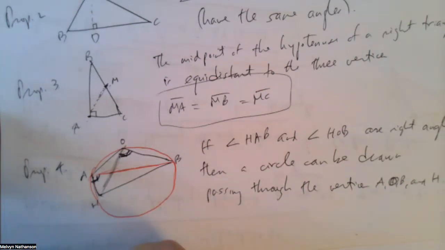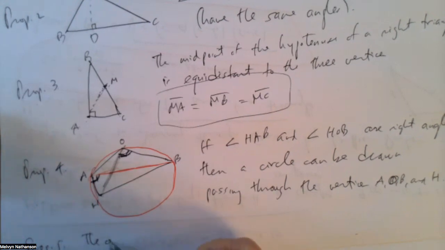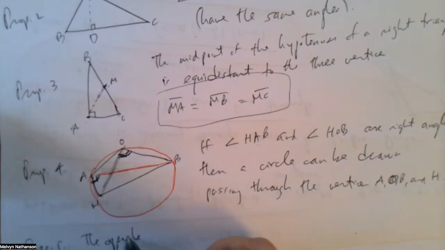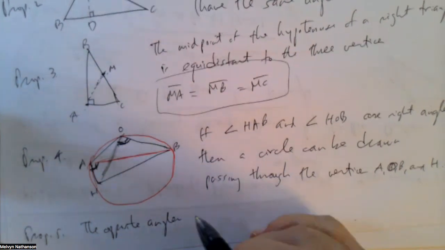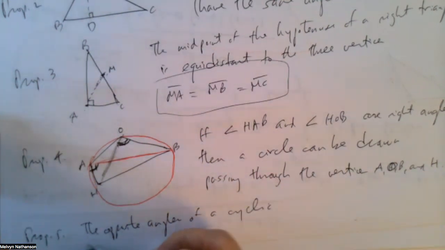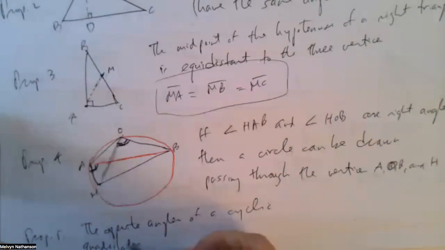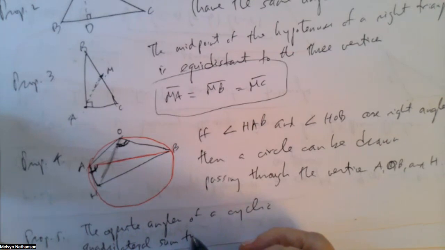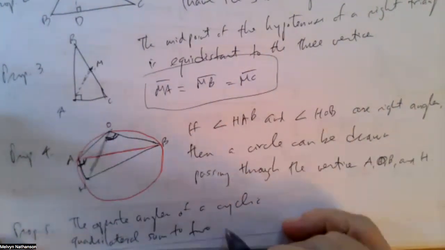And the last proposition, Prop 5, says the opposite angles of a cyclic quadrilateral sum to two right angles.